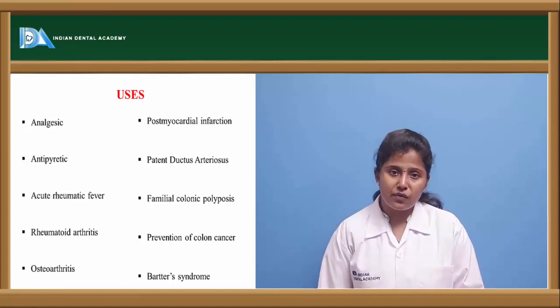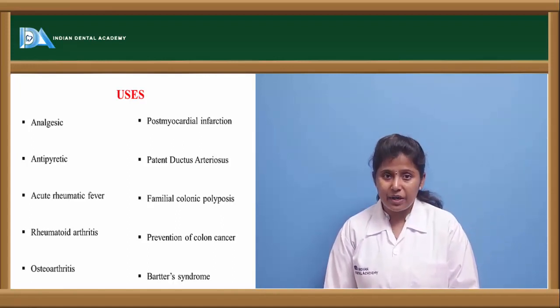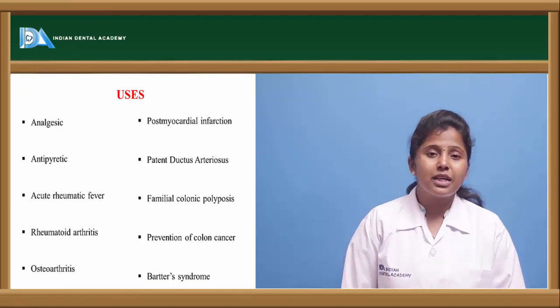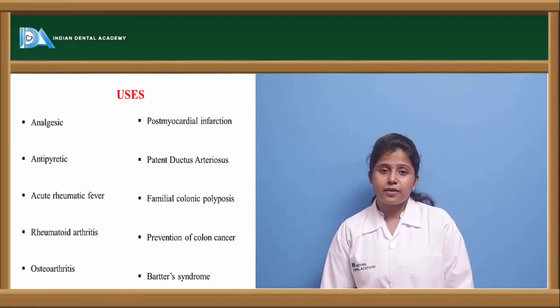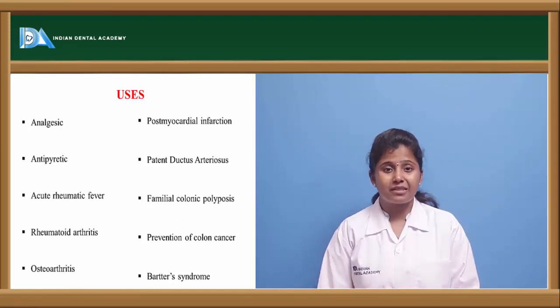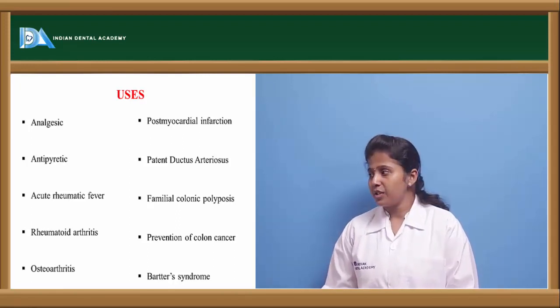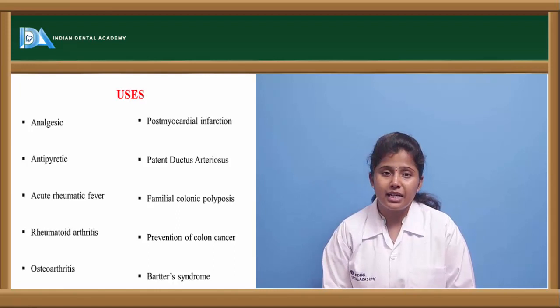Let us see the uses of aspirin. Aspirin is a potent analgesic. It shows an antipyretic effect, it reduces fever, and it is used even in acute rheumatic fever. It is also used in rheumatoid arthritis, osteoarthritis, and post-myocardial infarction.